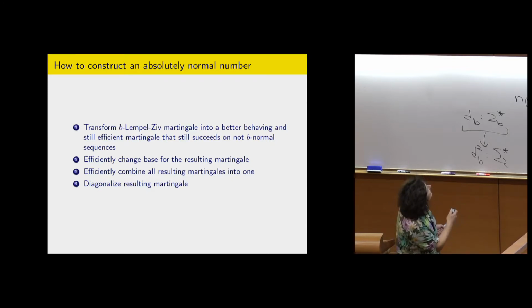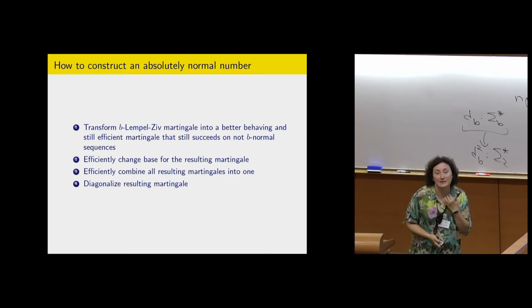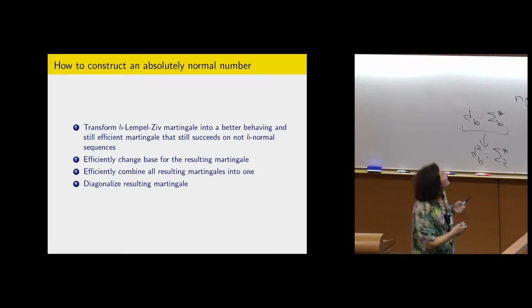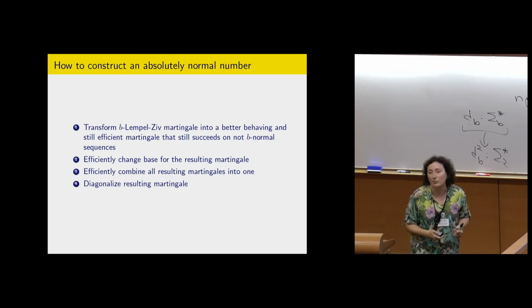Each of these steps, especially 2 and 3, would be completely straightforward in a polynomial time setting. But if I want to keep time bounds low, I'll have to combine things very slowly. So I'll have to make sure that even if I combine things very slowly as opposed to polynomially, I still get the right martingale, and the diagonalization still gives me an absolutely normal number.